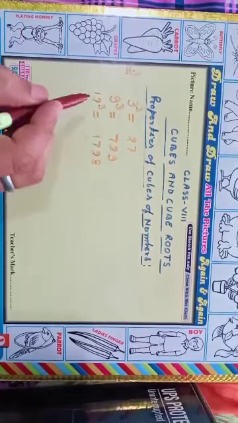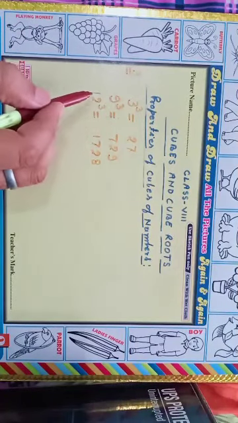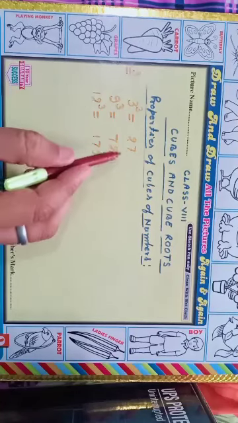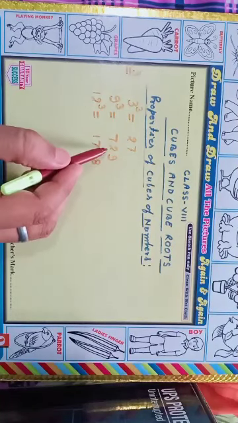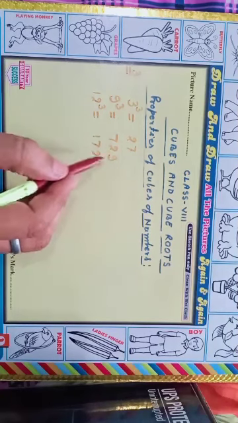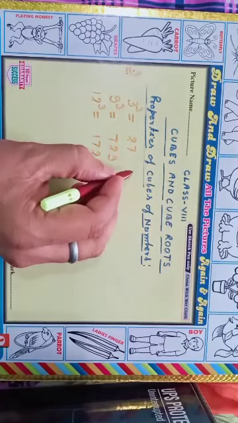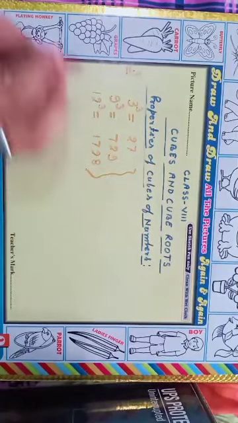Now here see that 3, 9, 12 are the multiples of 3, and these numbers 27, 729, 1728 are also multiples of 27. Means all these numbers are divisible by 27.